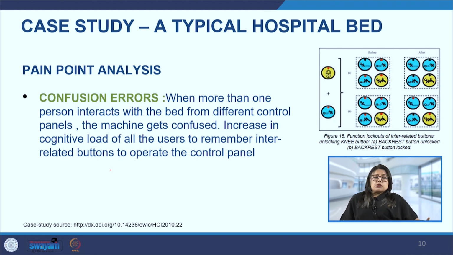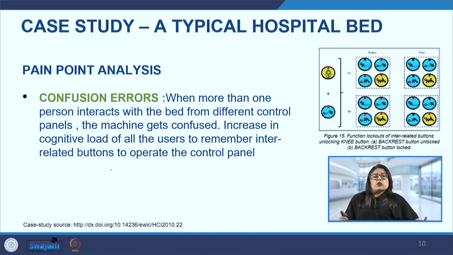All the confusions that were being caused were analyzed, because these are errors and we know that our device or system has to be completely error free. When more than one person was interacting with the bed from different control panels, a lot of confusion was getting created.